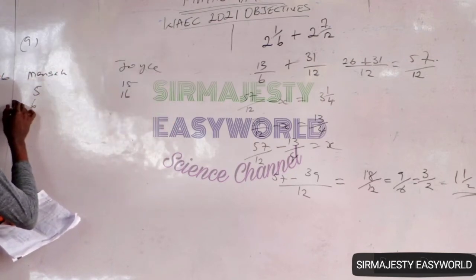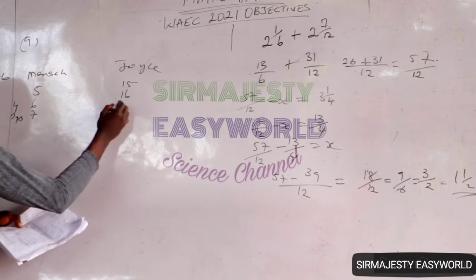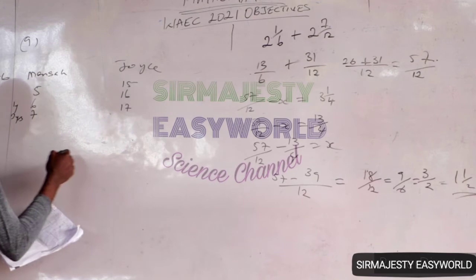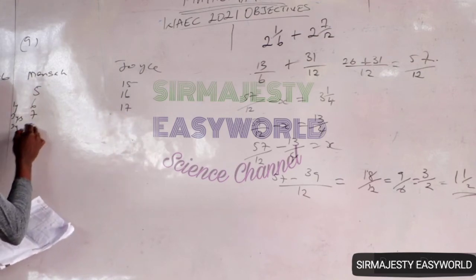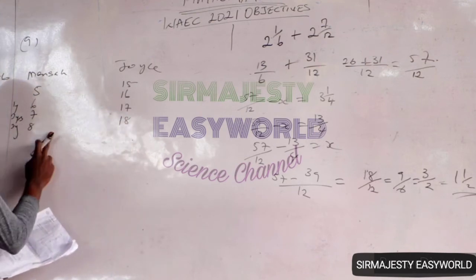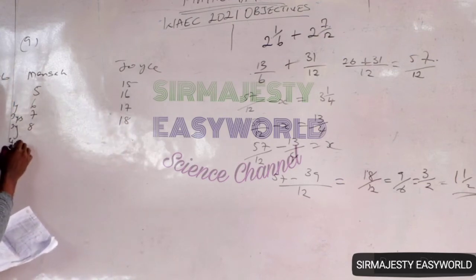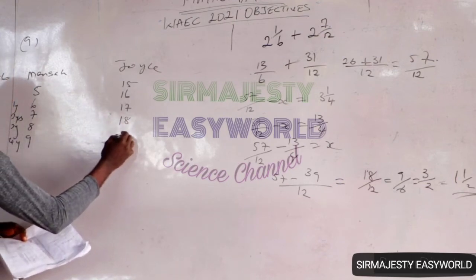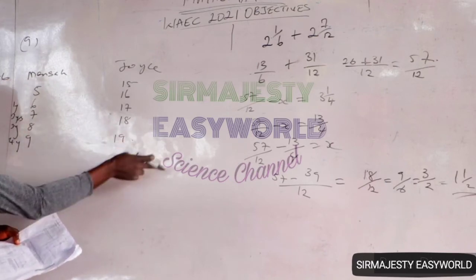Then in the next 2 years, this one will be 7, and this one will be 17. 7 times 2 is not 17. In the next 3 years, this one will be 8, this one will be 18. 8 times 2 is not 18. In 4 years, this one will be 9, and this one will be 19. 9 times 2 is 18, and it's getting closer.